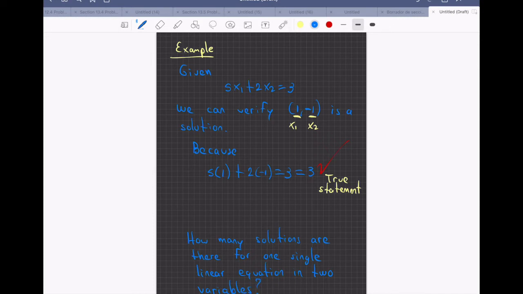How many solutions for one single linear equation? I mean, for one single linear equation in two variables. Think about this.